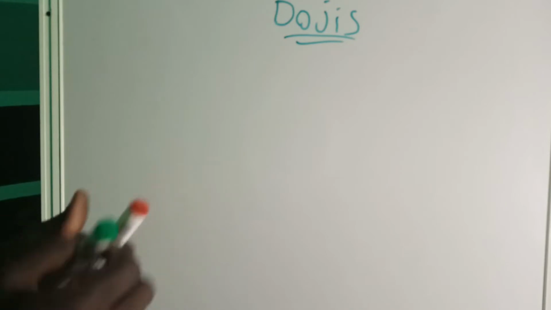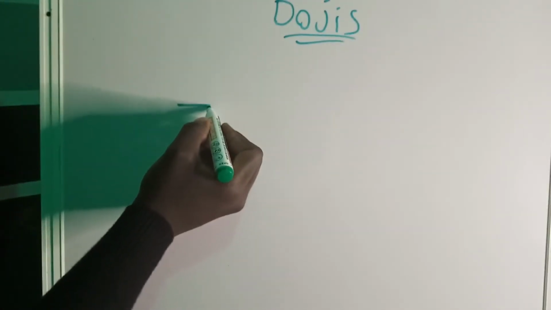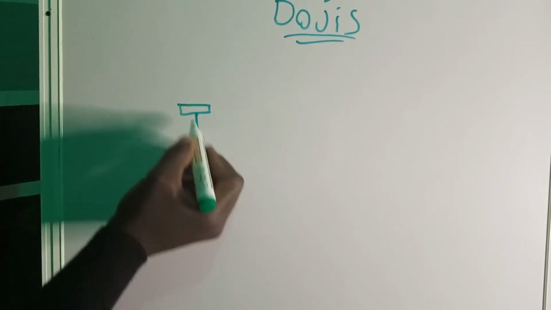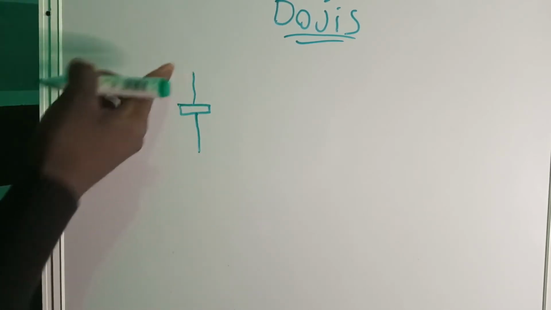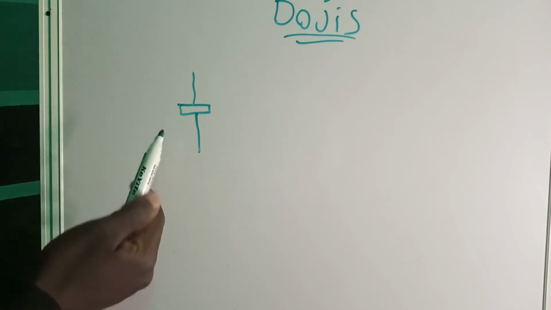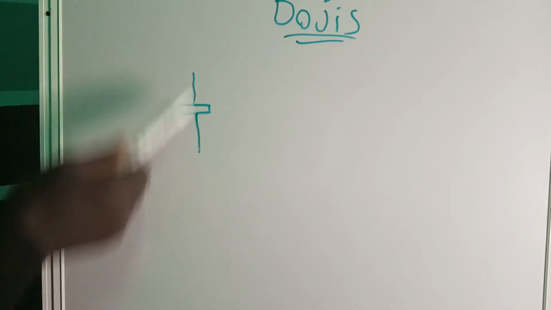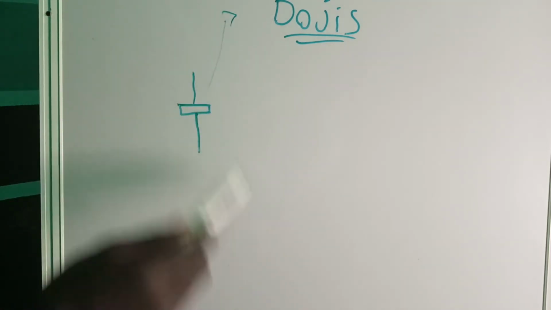We have the main doji, which has a very small body and a long wick, which indicates a slowdown of the momentum of the market. That means that the market is trying to decide on the next direction to go. Will it go bullish or will it go bearish?